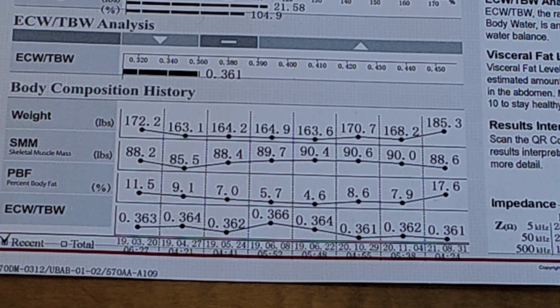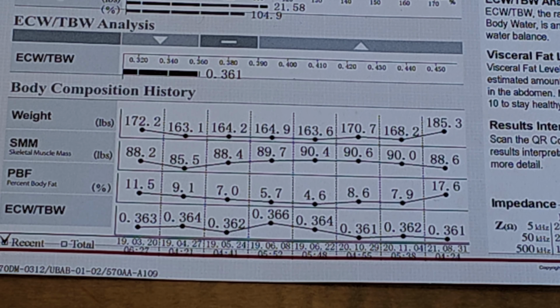So down here at the bottom is sort of a Cliff Notes history of some of the more important variables from this test. This is when you have your test done repeatedly. And again, assuming you set up an account on the machine so that it tracks your data, we can see the trends. It will connect the dots on some of these different metrics. Now what we see here is this report will hold 12 different data points.